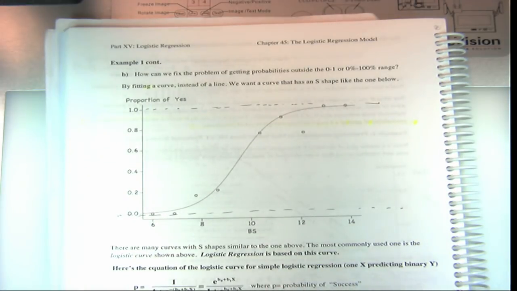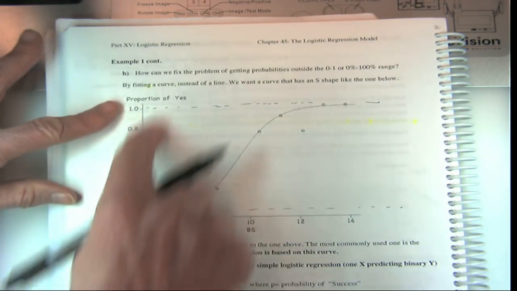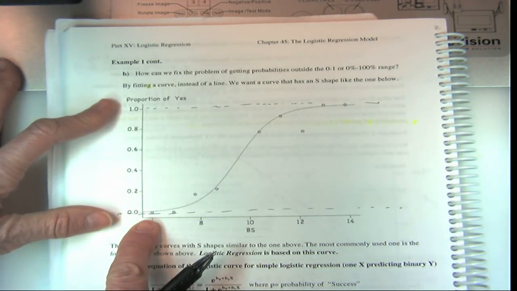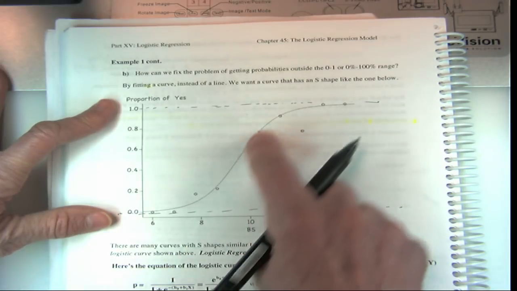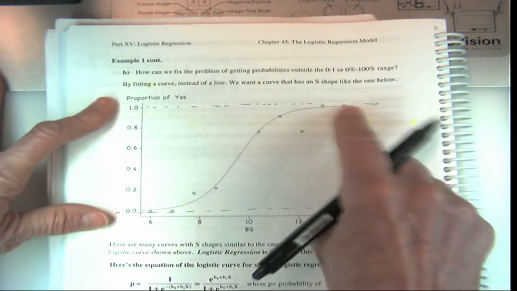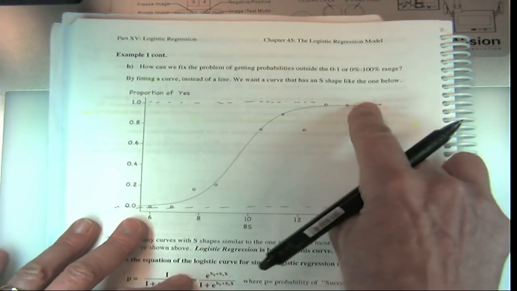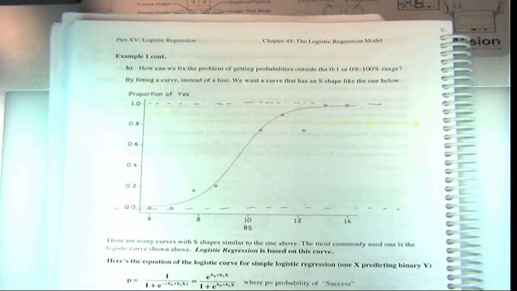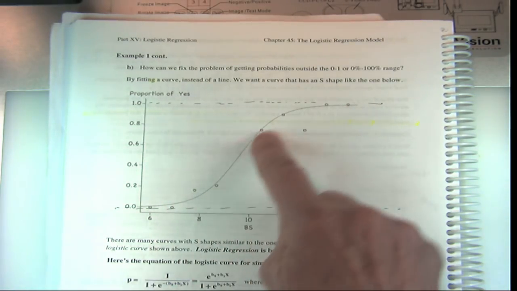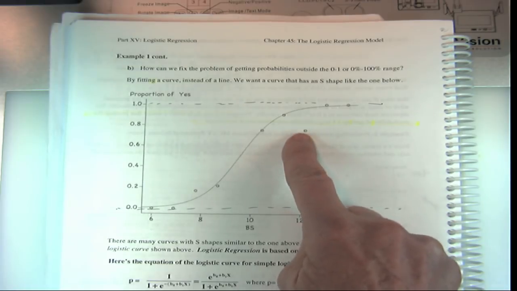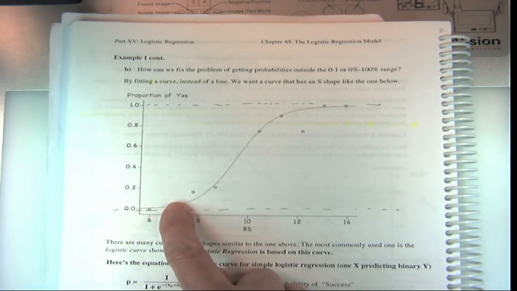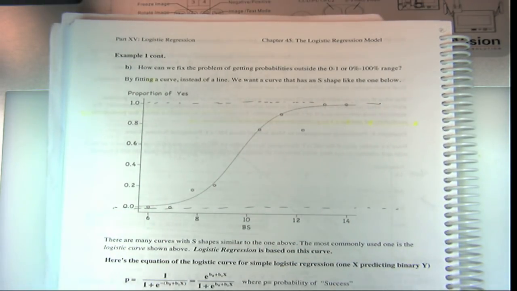That's really what we want to do. So this is the proportion of the probability of yeses. And that looks something like that. It does a much better fit, as you can see, except for maybe this point, but it does a much better fit than the line.